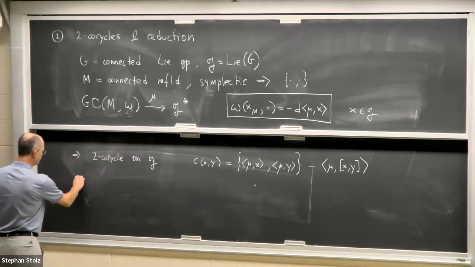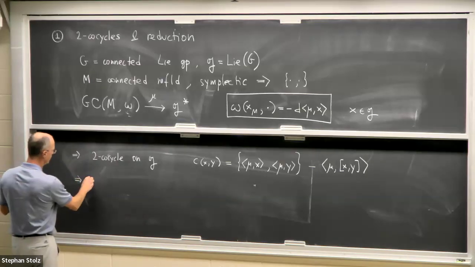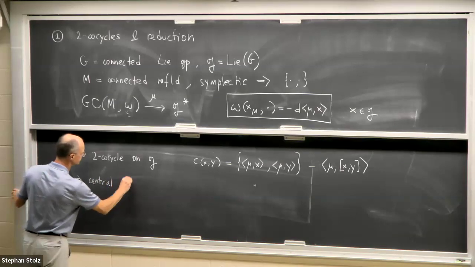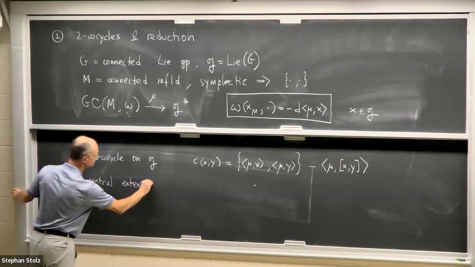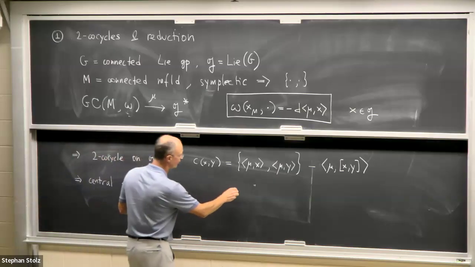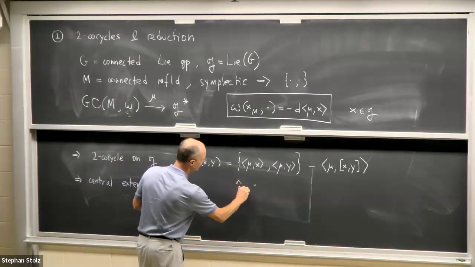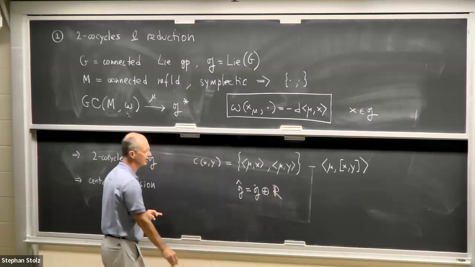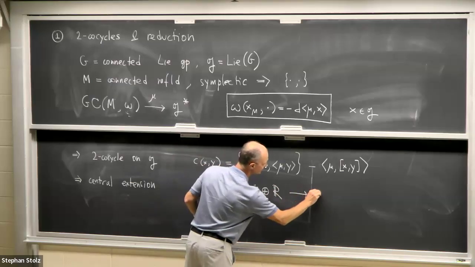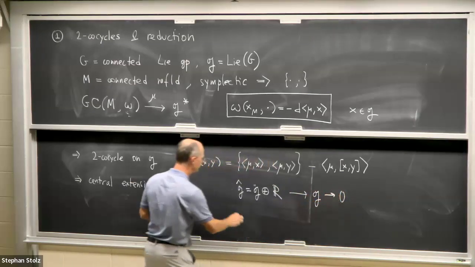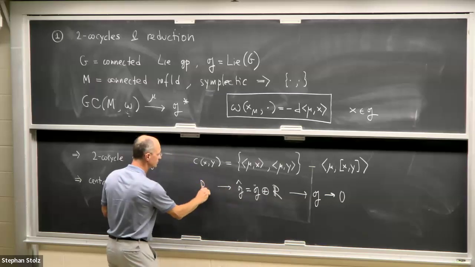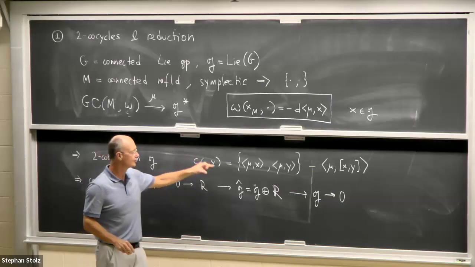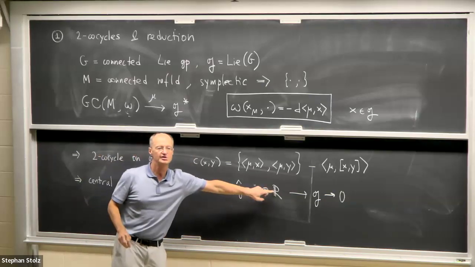So if you have that, you also automatically get the central extension of the Lie algebra G. So you define G hat to be a direct sum of G and a copy of R. It of course projects on G. So R embeds in it as a central line, and this C defines for you a Lie bracket on this direct sum.